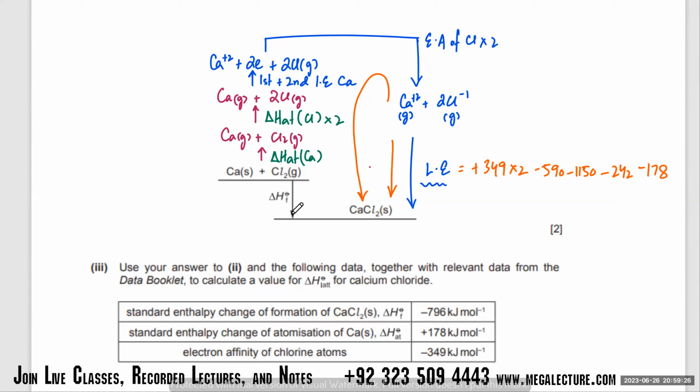The enthalpy of formation you don't need to change the sign of, that's minus 796. Please try and calculate what you get for this. Is it clear why I did not multiply it by 2 when I used bond energies?